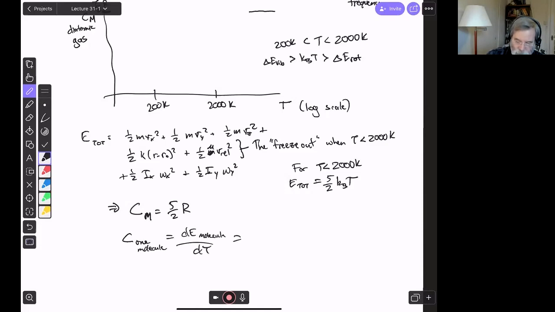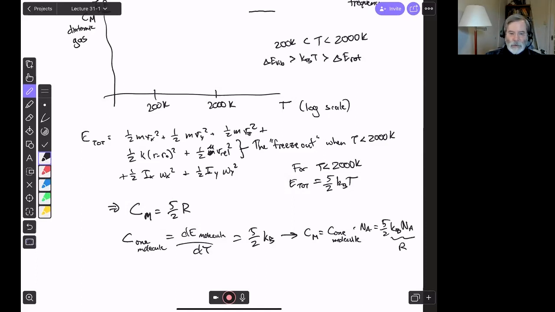Since the energy is 5/2 kBT, when we take the derivative, that's just 5/2 kB. And the molar heat capacity is the heat capacity of one molecule times Avogadro's number. So that's 5/2 kB times N_A, which is 5/2 R.